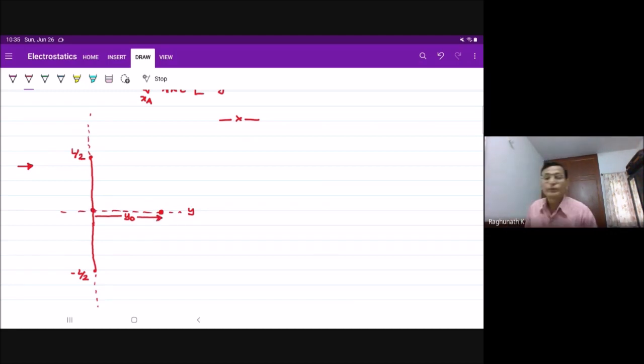This is the origin. If rho L is the charge density, this is a line charge of finite length.